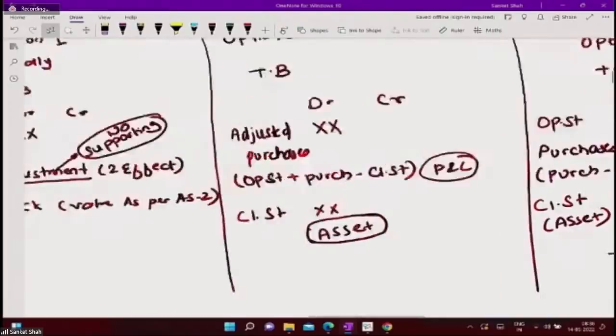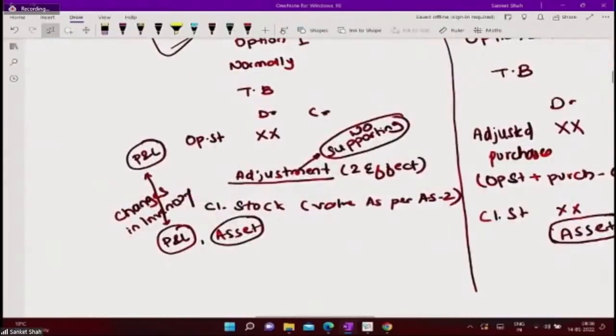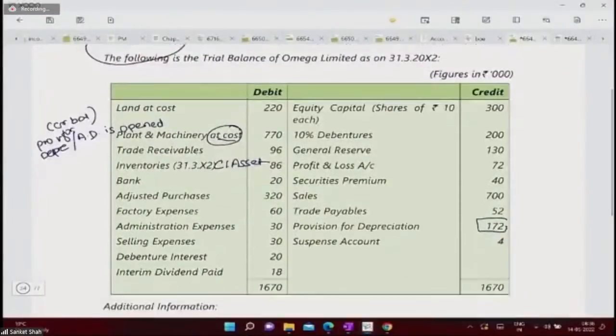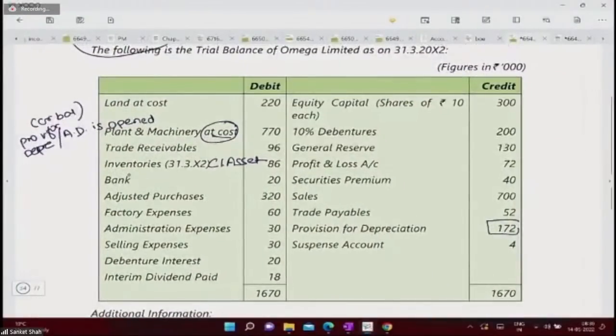Option number 1 is so easy, Dilip Rathod ji, which you have been doing from 11-12 standard. Option number 1, in trial balance we have only opening stock, and in adjustments we have closing stock, and that closing stock is given in the question. Now in this case, you tell me, inventories is already given, closing asset, adjusted purchases is opening stock plus purchases minus closing stock.